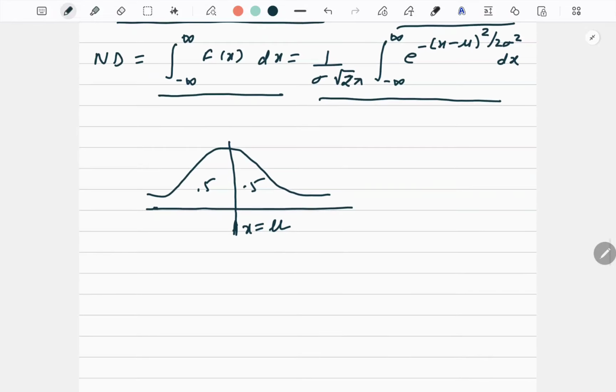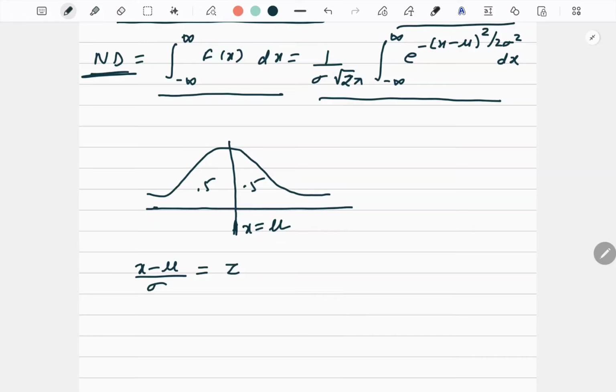Now what I am doing is converting this normal distribution to the standard normal distribution. For that, we take the substitution (x minus mu) upon sigma equal to z. When you take this substitution, this integral gets converted.